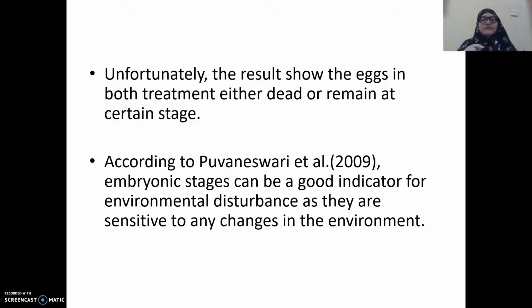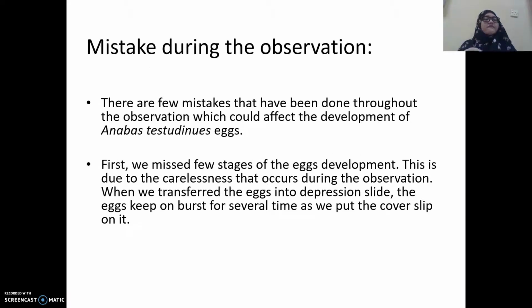According to Puvaneswari et al., 2009, the embryonic stage can be a good indicator for environmental disruption, as they are sensitive to changes in the environment. The mistakes that were made during the observation could affect the development of Anabas testudinus egg.